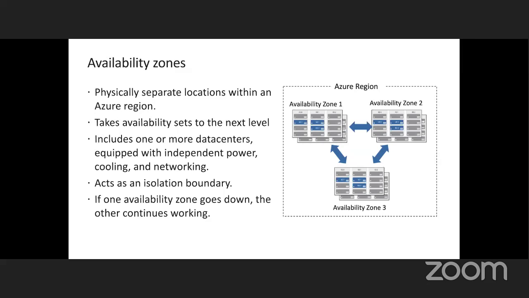A region contains an availability zone, I'm sorry. An availability zone contains one or more data centers. All right. So it takes availability sets to the next level. Of course, it's more available than availability sets. It includes one or more data centers equipped with independent power, cooling, and networking.